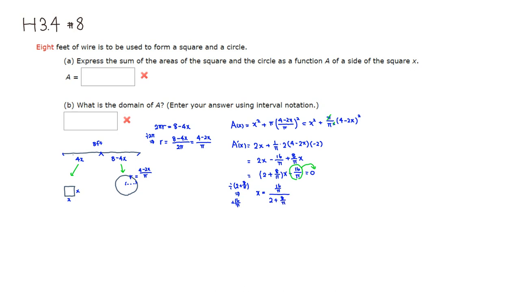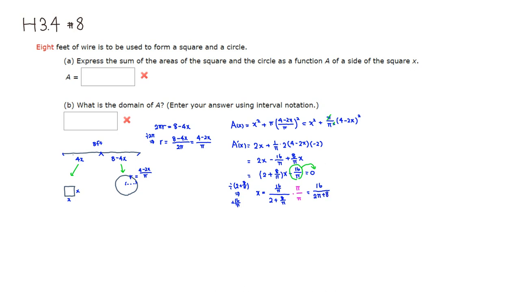First thing is I don't like having a fraction, so I'm going to multiply top and bottom by pi so that we don't have a fraction inside the fraction. So this is going to be 16 over 2 pi plus 8.